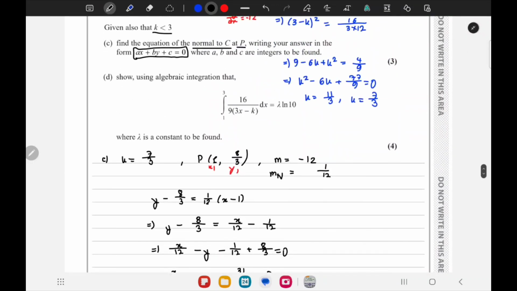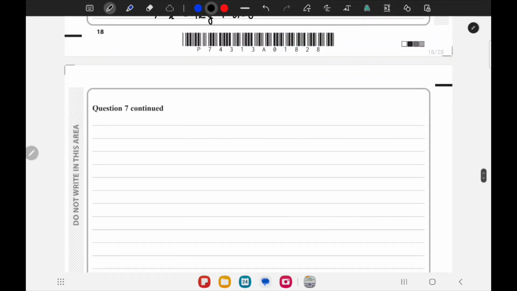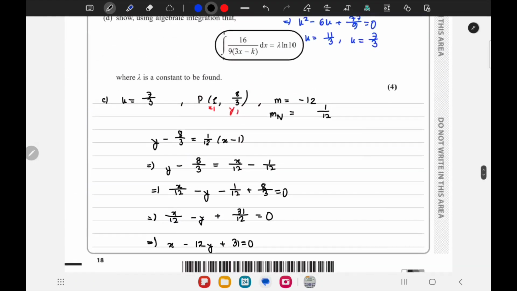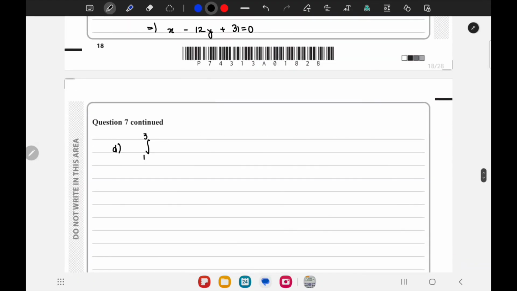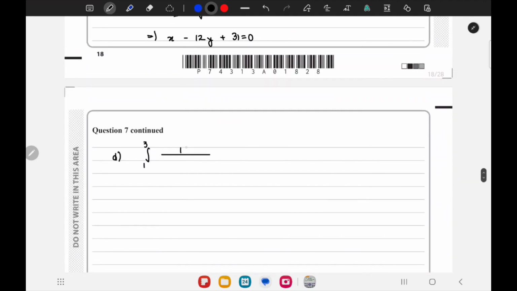Now in part D we have to show that the integral of 16 divided by 9 into 3x minus k is lambda ln 10, where lambda is a constant we have to find. So this is the integration from 1 to 3, where the value of k would be 7 by 3, dx.